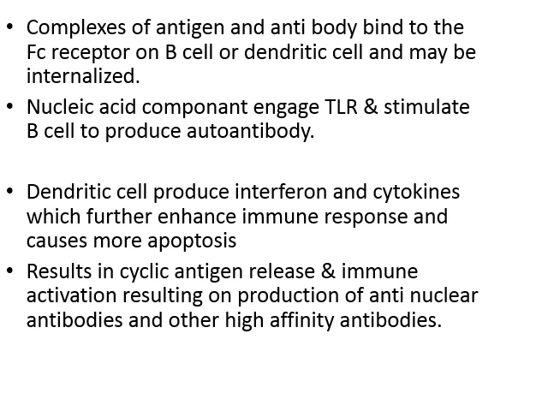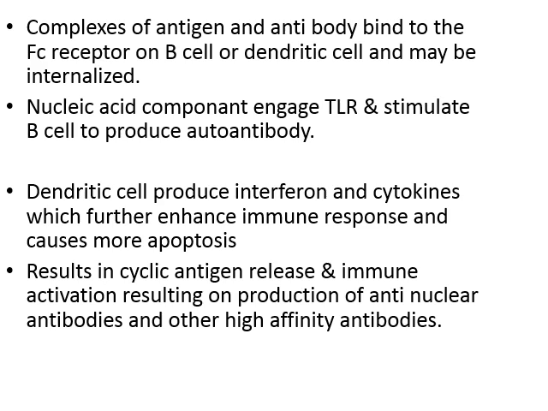Now the complexes of antigen and antibody bind to the Fc receptor on B cells or dendritic cells and may be internalized. Now the nucleic acid component engages toll-like receptors and stimulates B cells to produce autoantibody.